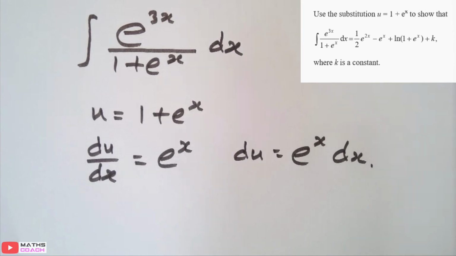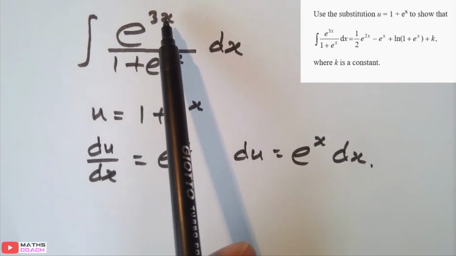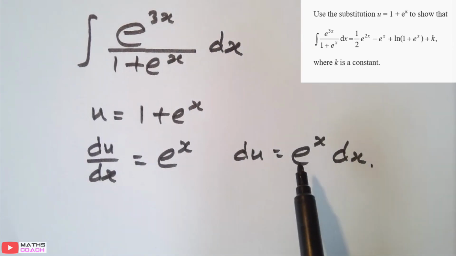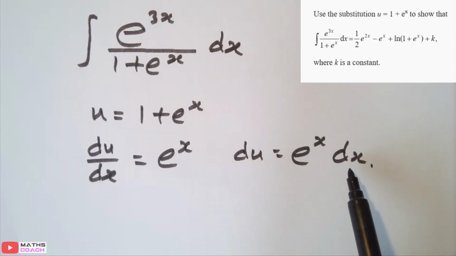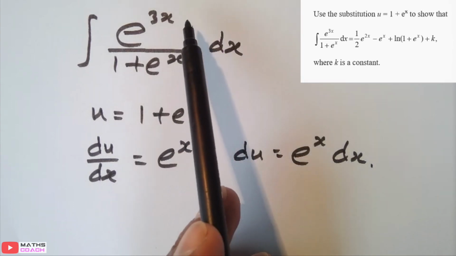The problem we've got now is that the numerator is e to the power 3x. We have an e to the x dx, so somehow we need to make up something else to make e to the 3x.